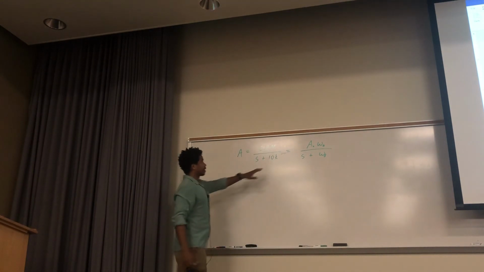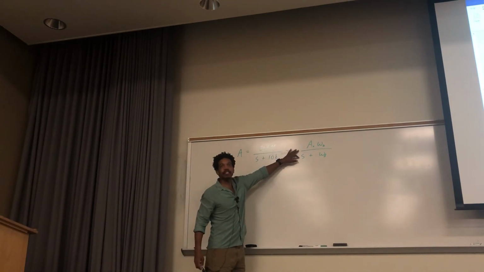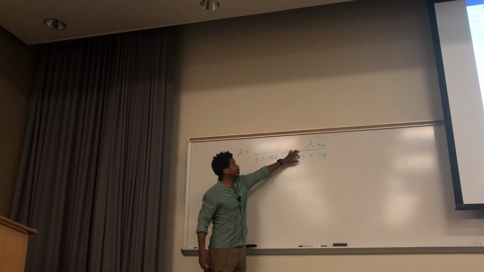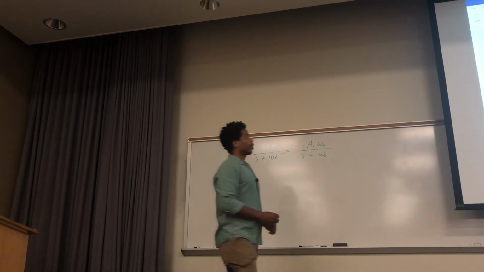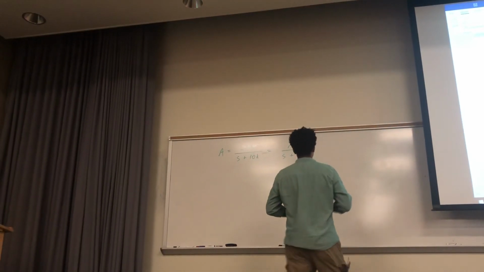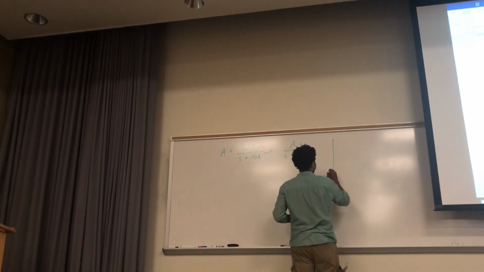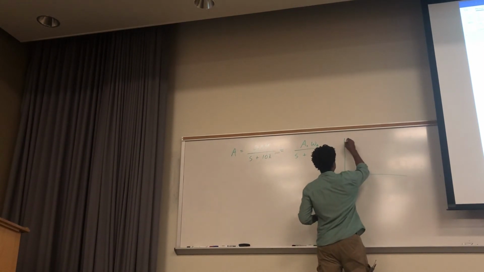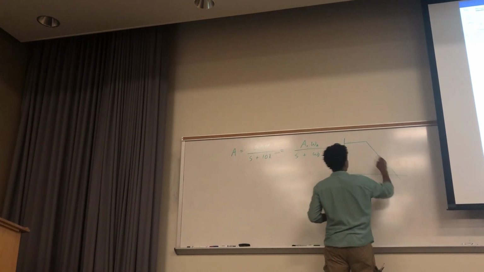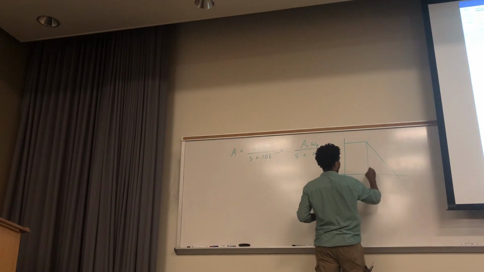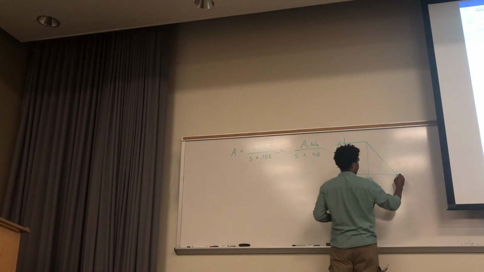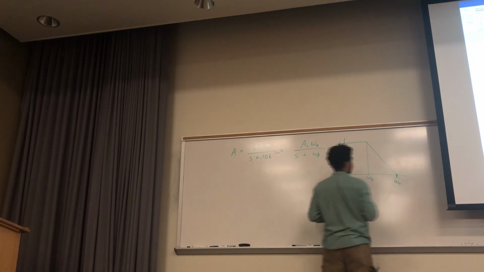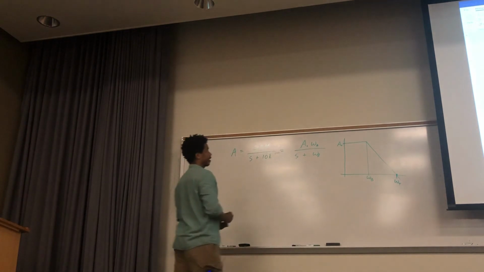Right? Single pole, low pass. That's what that is right there. Okay, so if we were to plot this out, low pass is like this, where this right here will be omega B, this right here would be A, this right here would be omega T, the unity gain.